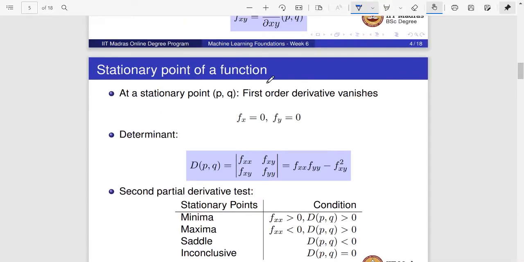A stationary point of a function is the point where the first order partial derivatives are zero.